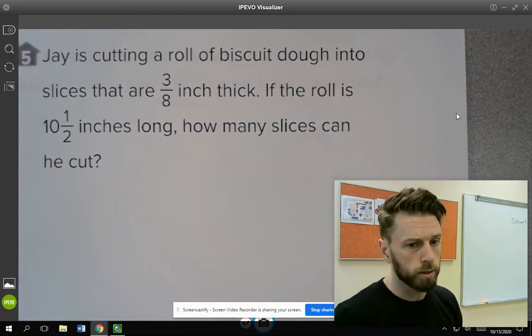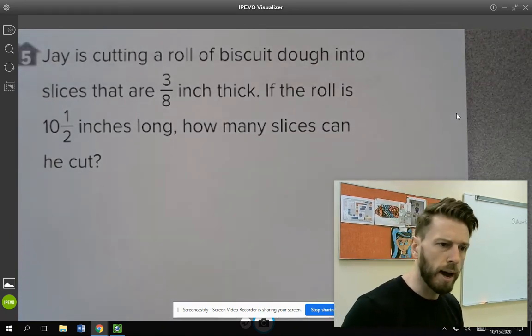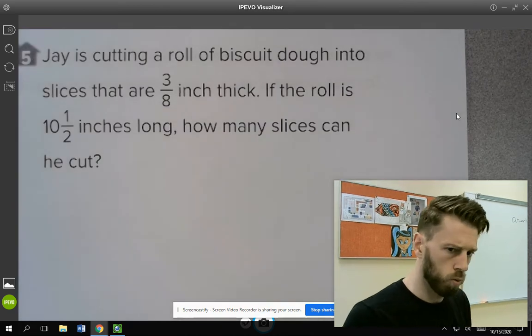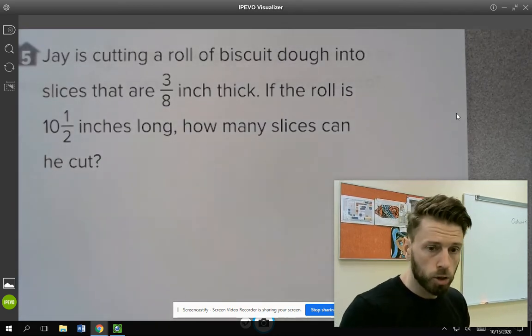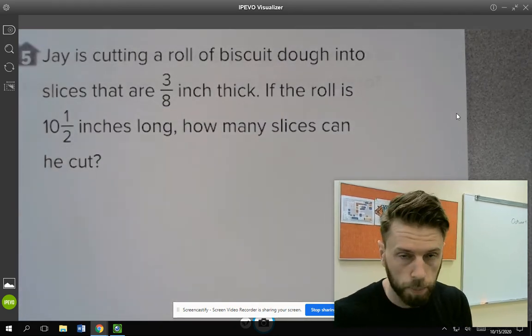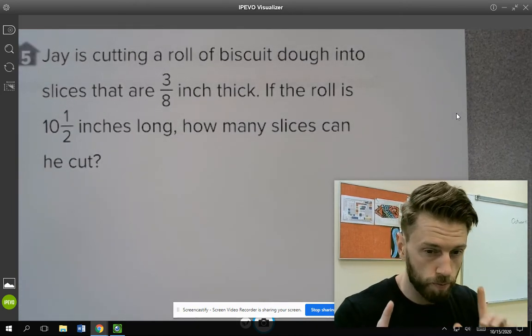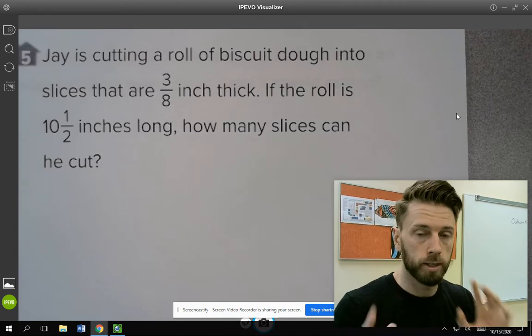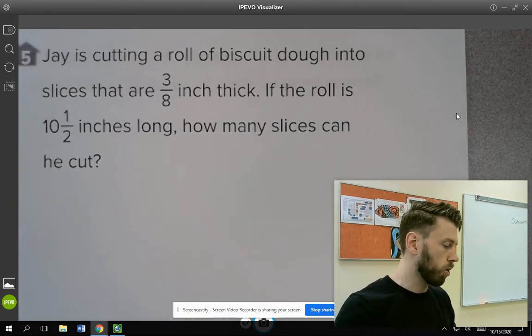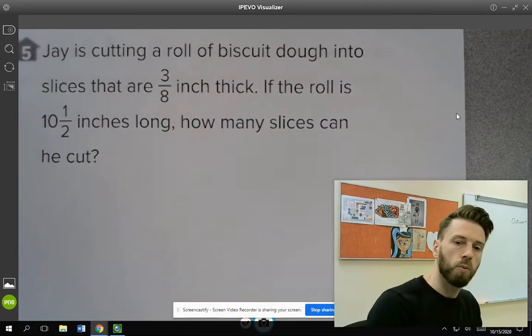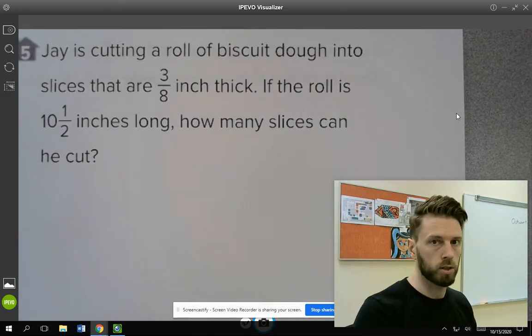The question is what are we dividing? Well, we're dividing the dough into pieces. How much dough do we have and what size of the pieces we're dividing it into? Order matters very much when dividing numbers. So we have to decide what is it that we're dividing up, and that must come first. That's our dividend.